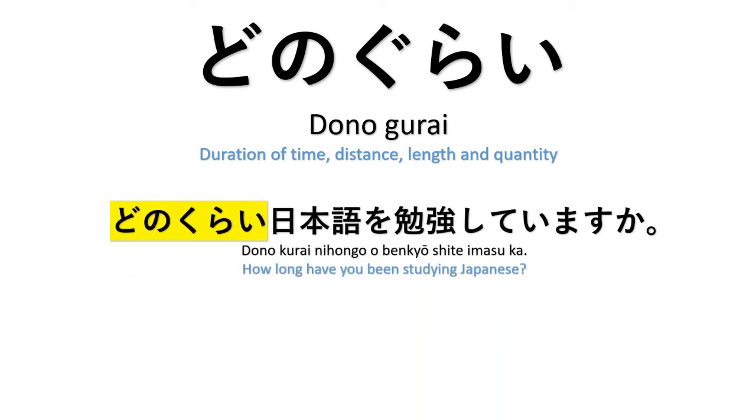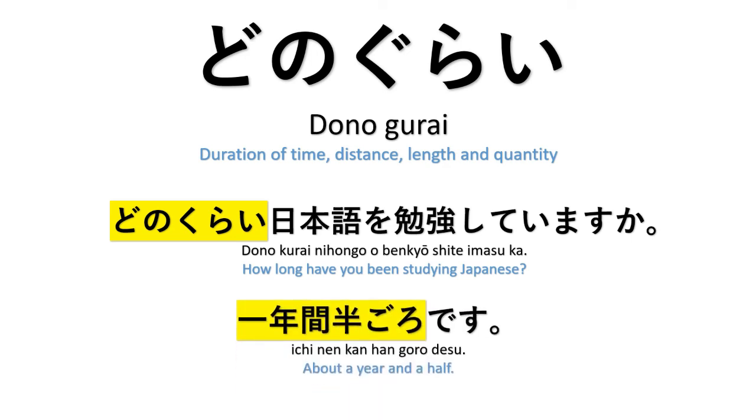We can also use donokurai, which is okay. どのくらい日本語を勉強していますか？How long have you been studying Japanese? 1年半頃です。About a year and a half.